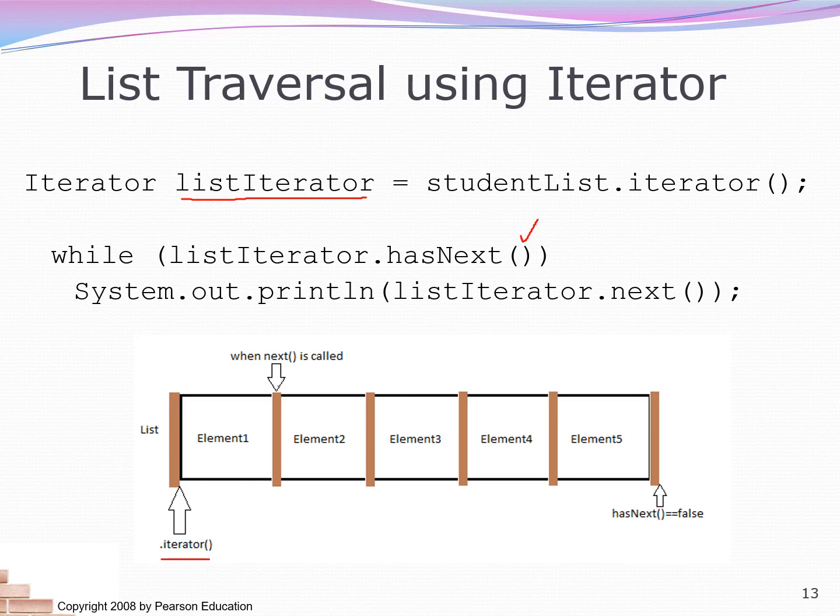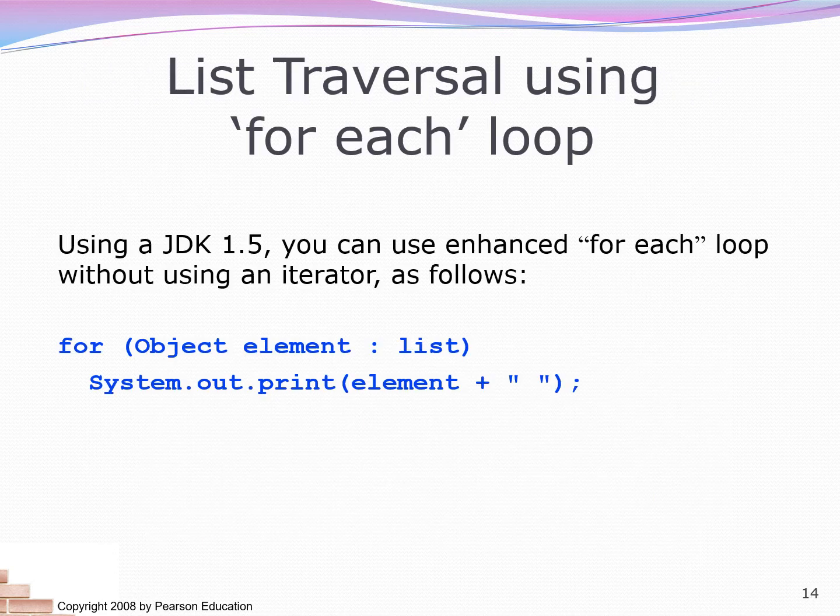So it will check the first element first, and then it will check again: is hasnext still true? If it's still true, it will do this. It will check the next element, and keep on checking until hasnext is false. When hasnext is false, it means it's already reached the end of the list.